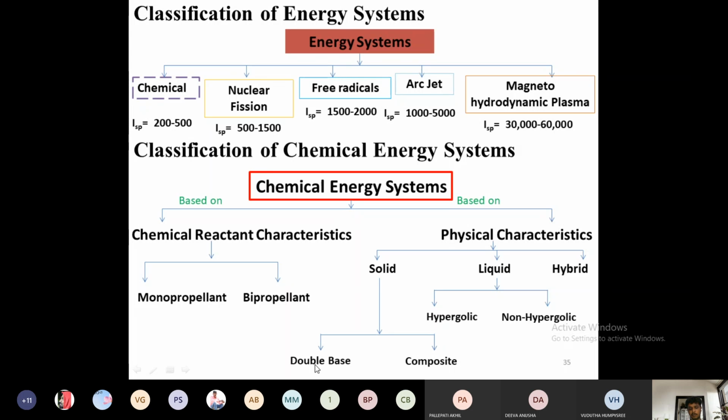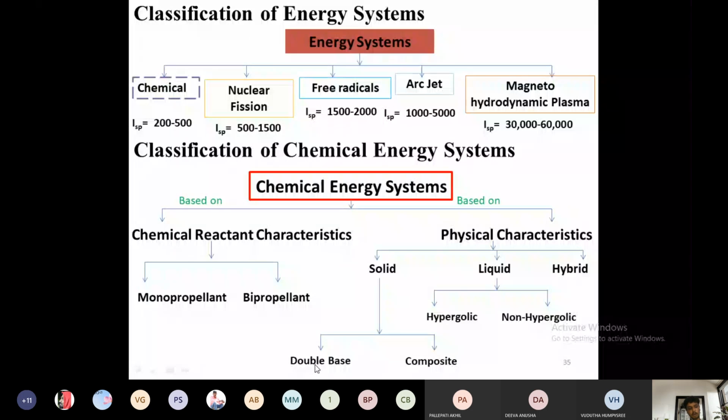From explosives, we don't extract any work. It is only used for shattering or destruction purposes, whereas from propellants we extract some work, some heat. Thermodynamically we extract some mechanical work and convert it to heat formation, and correspondingly we extract some work from it, whereas explosives are used exclusively for destruction or shattering purposes.